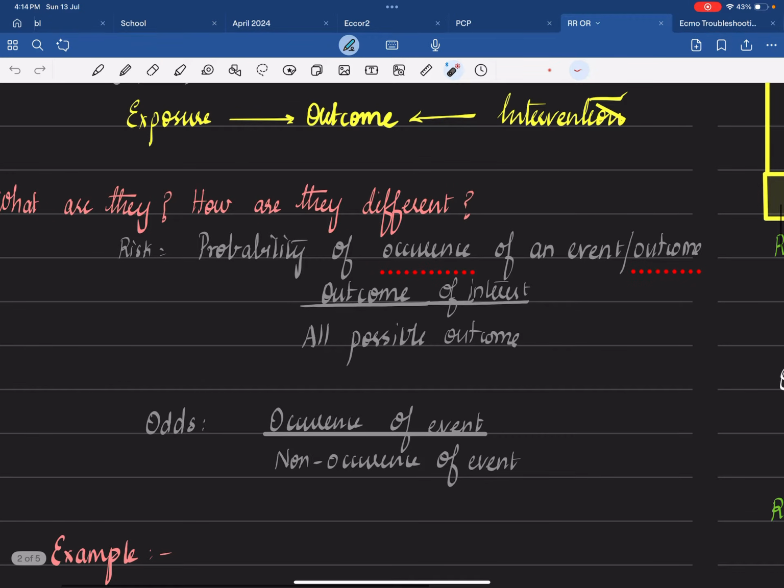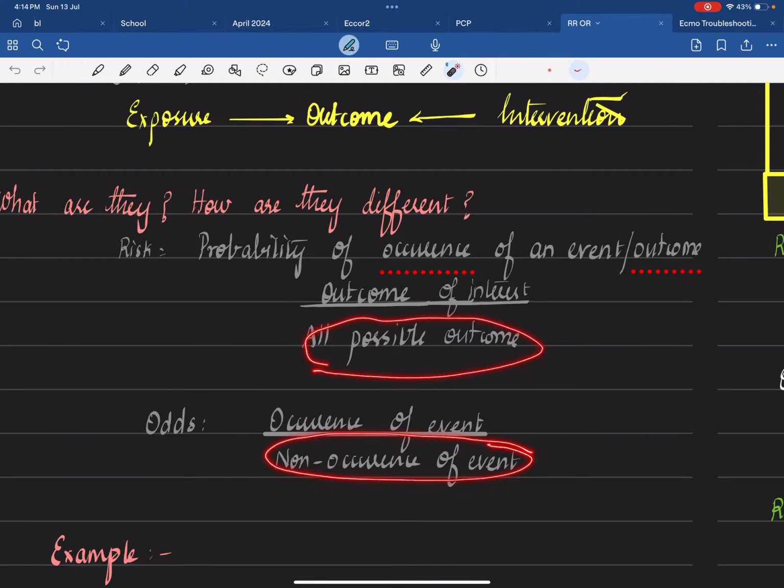Okay, so risk is the probability of occurrence of an event or an outcome. How is this calculated? It is the outcome of interest, whatever you want, divided by all the possible outcomes. Whereas odds is the occurrence of an event divided by the non-occurrence of the event. Okay, so understand this: the denominator is different in these two.